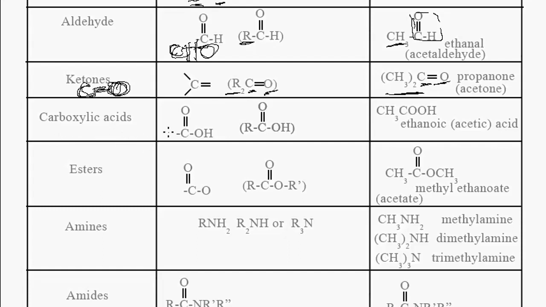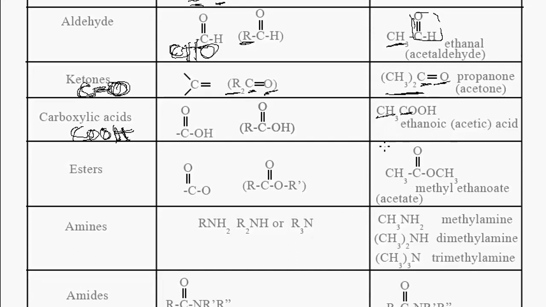So the carboxylic acids are organic compounds with the COOH functional group. An example of a carboxylic acid is the ethanoic acid, where I have CH3COOH.